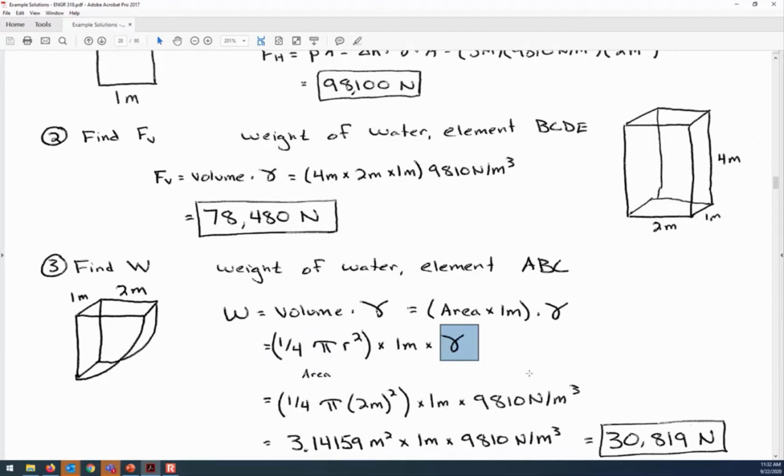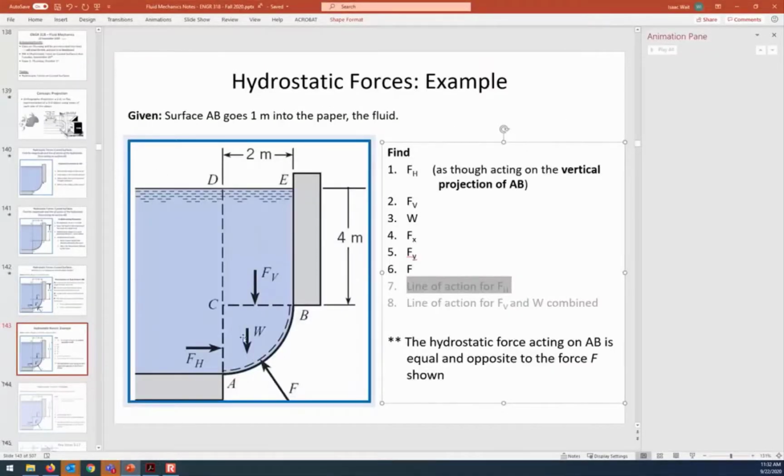Because remember, gamma has units of newtons per meter cubed. So in this case, the area of the circle is 3.14 meters squared times 1 meter into the page. Now that makes it a volume times 9810. So it's 30.8 kilonewtons is the vertical force W. So that's acting down, and the FV is acting down.